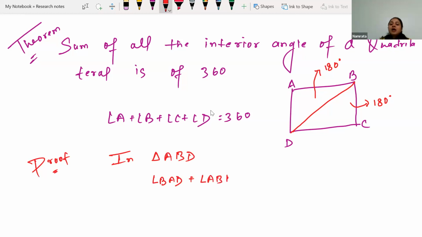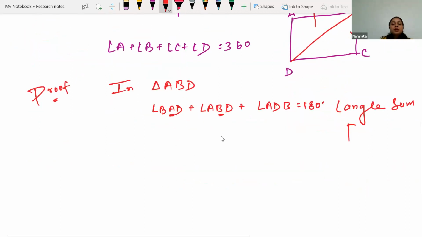You must know how to write the angle: angle BAD means angle A, angle ABD means angle B. Where am I getting this from? The angle sum property of a triangle says that the sum of all the interior angles of any triangle has to be 180 degrees. If it is more or less than 180, constructing the triangle is not possible with such data.